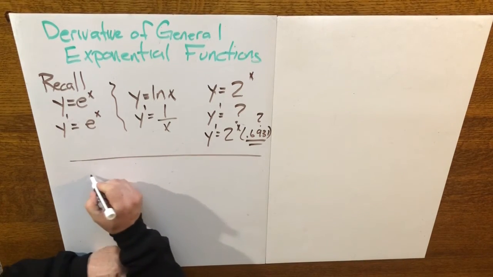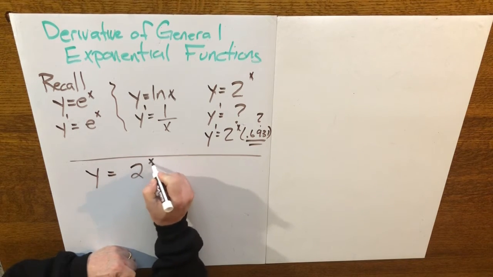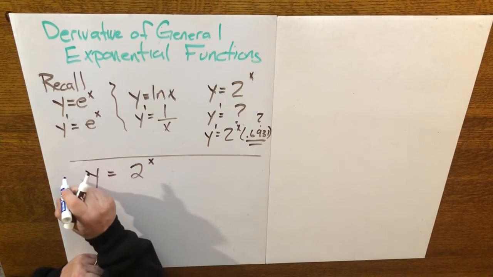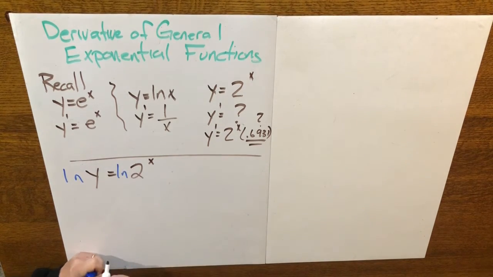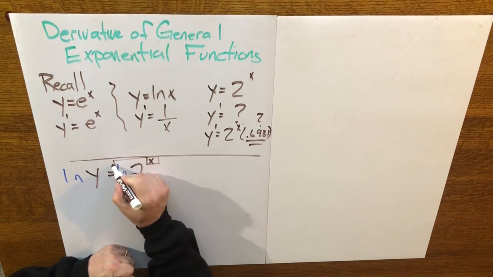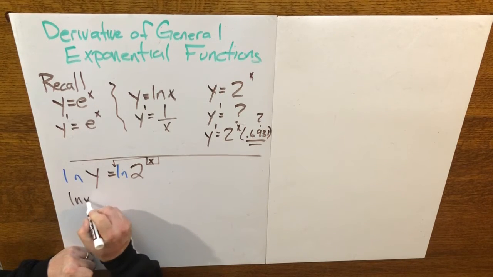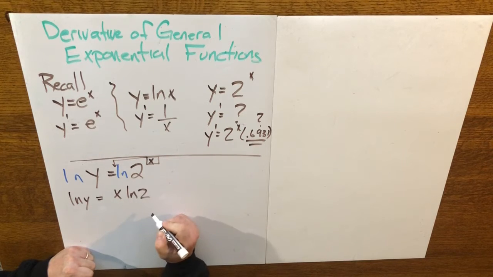Let's take a look at y equals 2 to the x, and let's see how we can use these earlier derivatives to help establish the exact derivative of this. So I'm going to take the ln of both sides like this, so we can use our world famous down and front rule. So we're going to have ln y equals x ln 2.